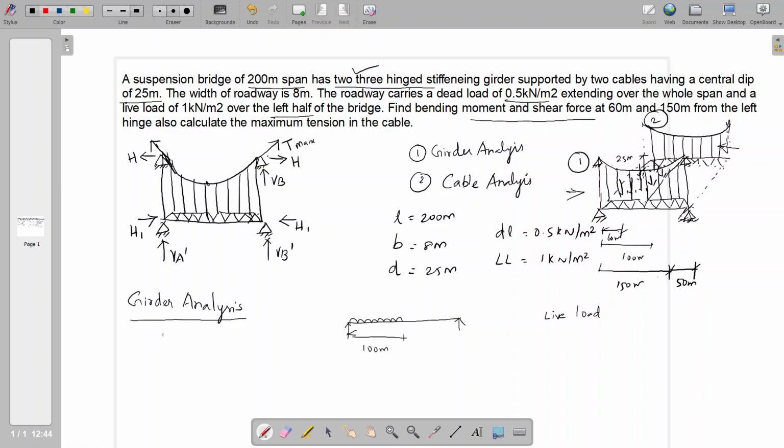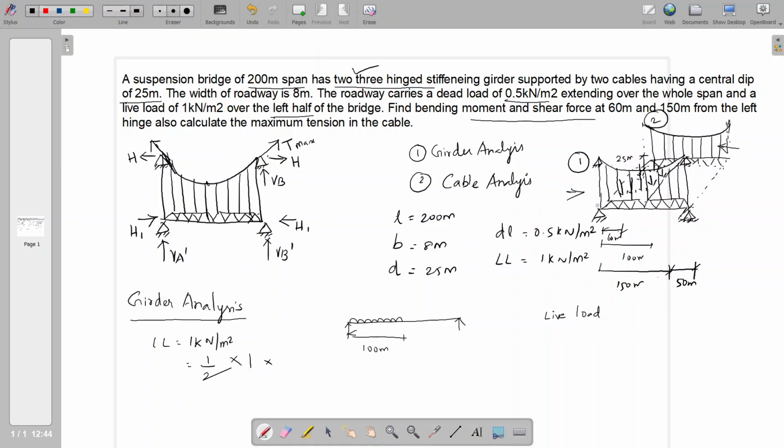accounted for our calculation. So the live load is 1 kilonewton per meter square, and we also have to note that both sides of the stiffening girder are considered for this load because it is an area load. So we have to divide it by 2 to get one side load. So first of all, half of the load of 1 kilonewton per meter square.